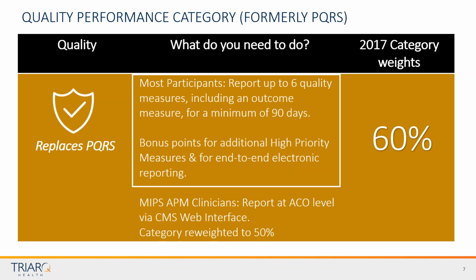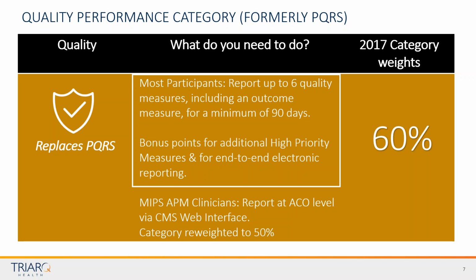At the very bottom of this, kind of living outside of my little box, I'm talking about MIPS APM clinicians. This is just a blurb that you'll see throughout the 3 performance categories that we discussed to help anybody who's out there who's in an ACO.